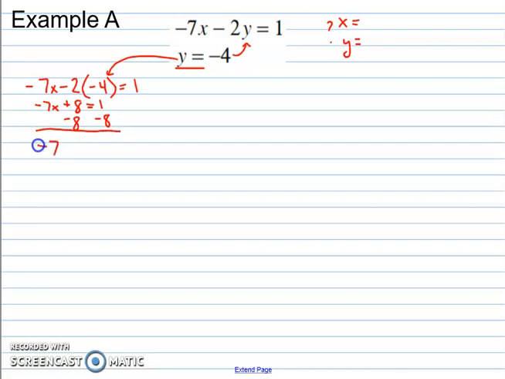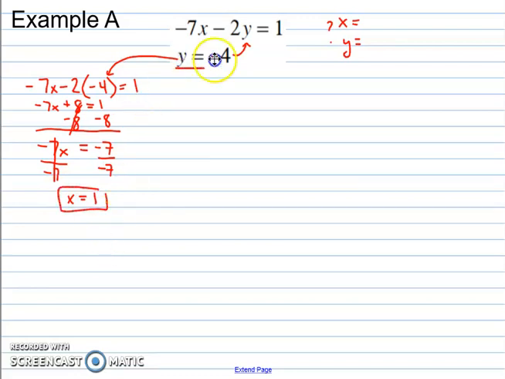So I'm left with negative 7x over here, because 8 minus 8 is 0. And over here I'm left with negative 7, because 1 minus 8 is negative 7. Now I want to isolate x. So I need to get this to 1x, so negative 7 divided by negative 7 gives me 1, right? And so I divide the other side by negative 7, and x should equal 1.